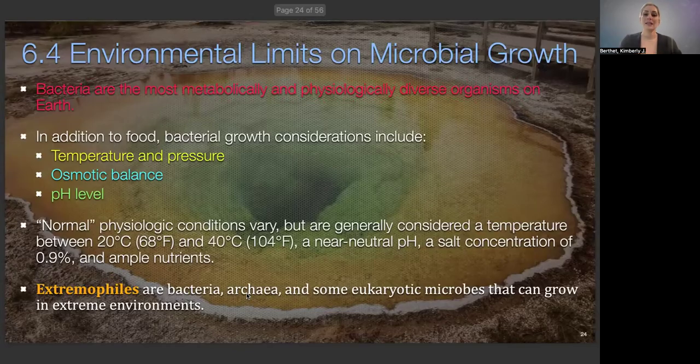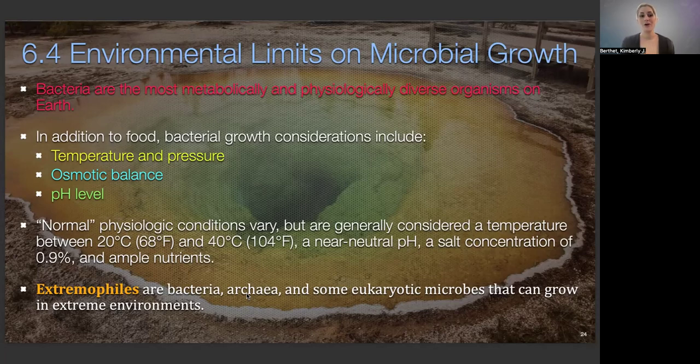Okay, let's go ahead and look at different optimal conditions for microorganisms. As microorganisms are extremely diverse, we're going to see that what may be beneficial for one organism is not necessarily beneficial for another. So some of those conditions include temperature, pressure, osmotic balance, and pH, but there's a wide range of things to cover.